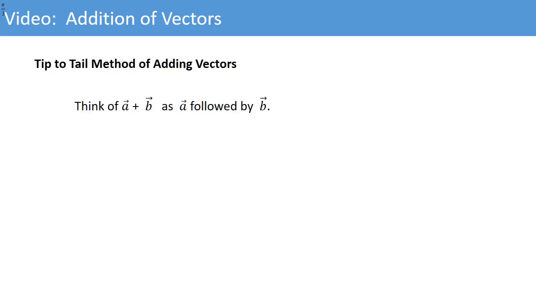Think of vector A plus vector B as A followed by B. This could be illustrated as vector A, and at the tip of vector A, draw vector B. So the tip of the first vector meets the tail of the second vector.